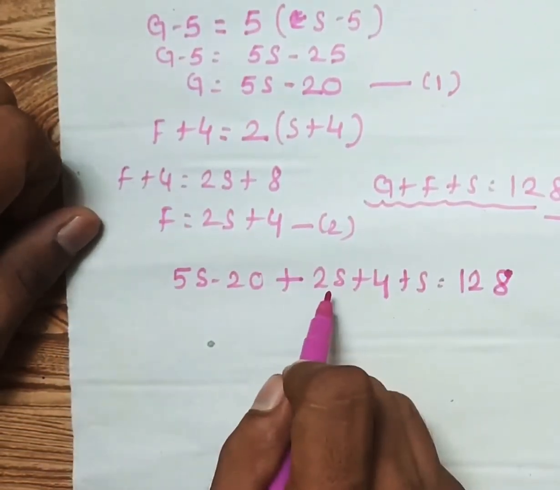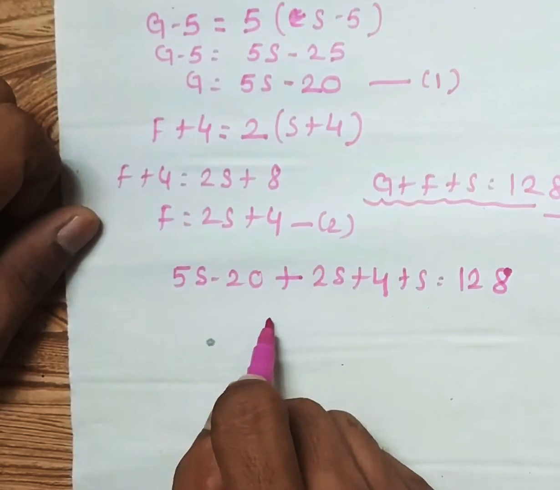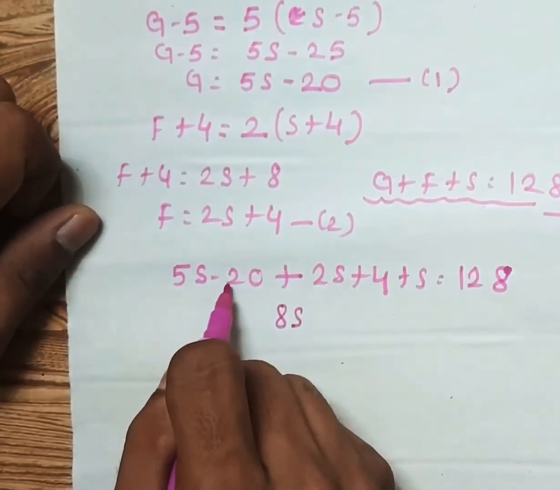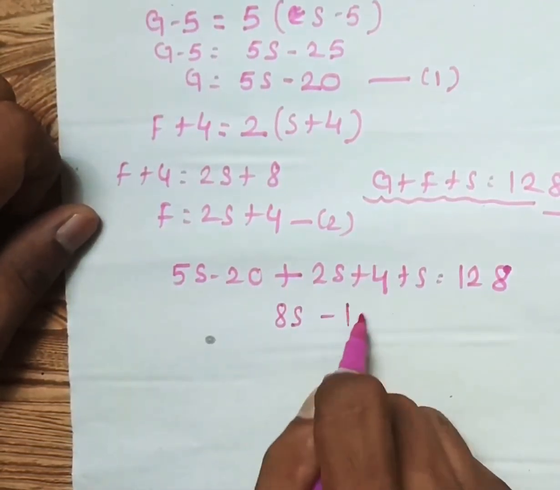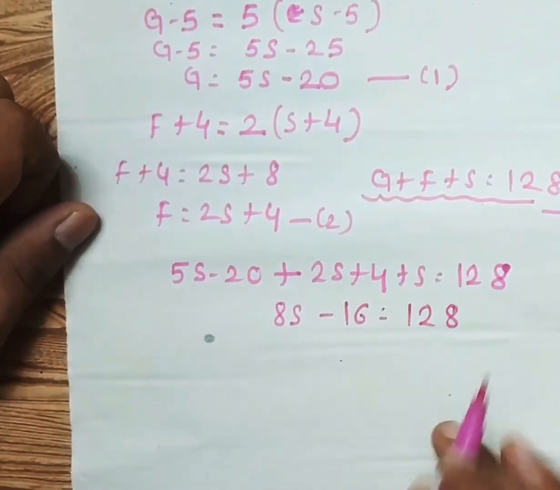So 5S plus 2S is 7S, plus S is 8S, minus 20 plus 4 is minus 16, is equal to 128.